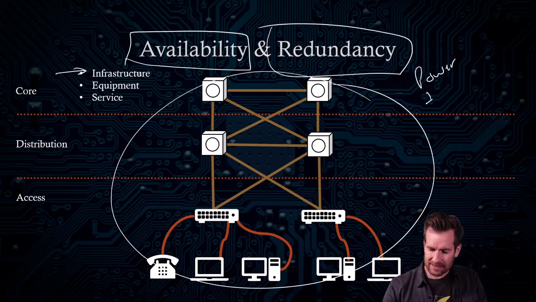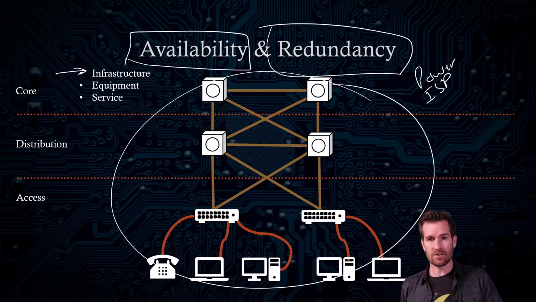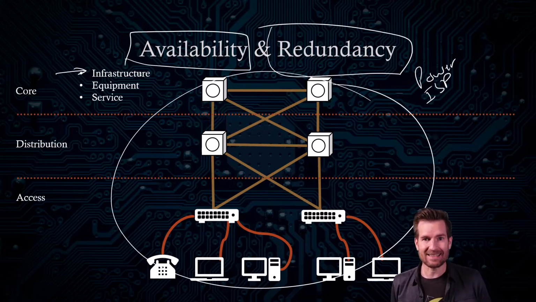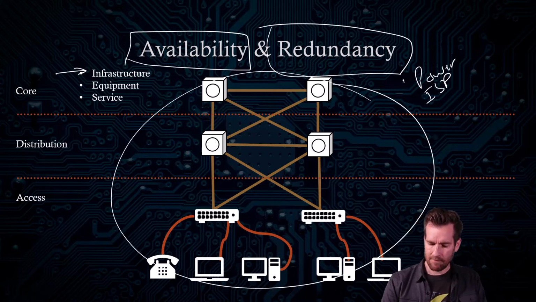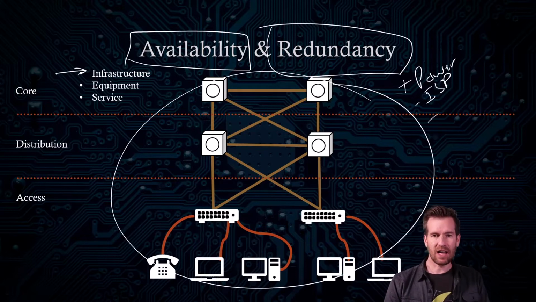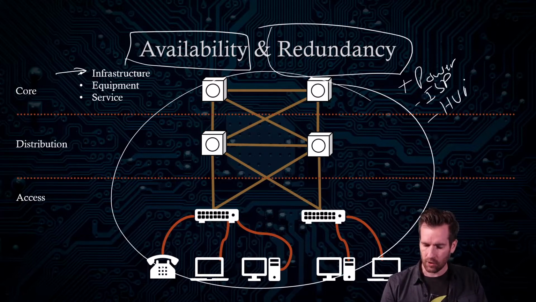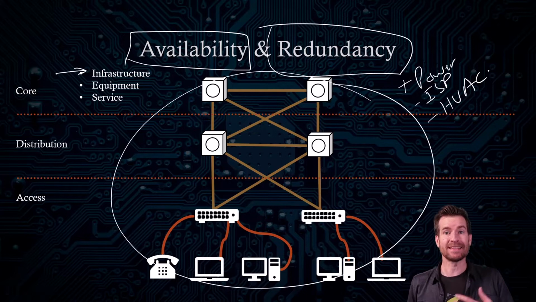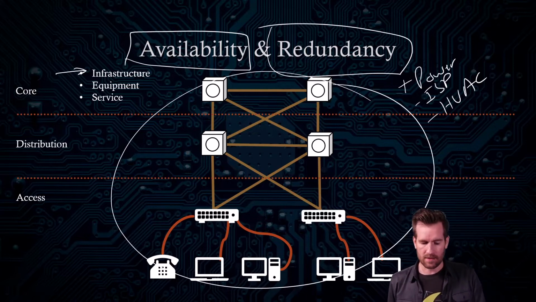And for the internet service provider, there's some sort of connectivity that needs to have redundancy as well. Also, besides power and your connections, there are things like the HVAC or cooling that have to have redundancy within that network as well.